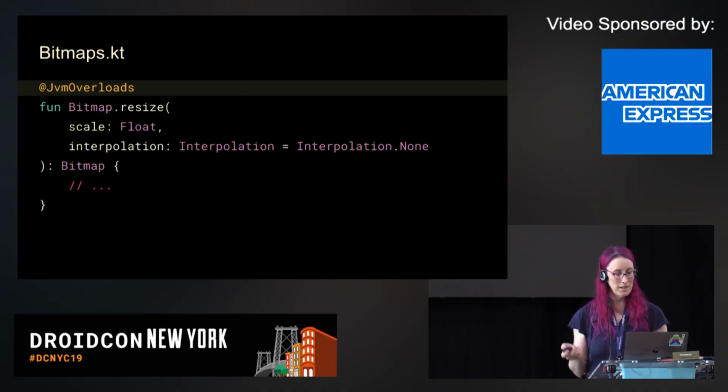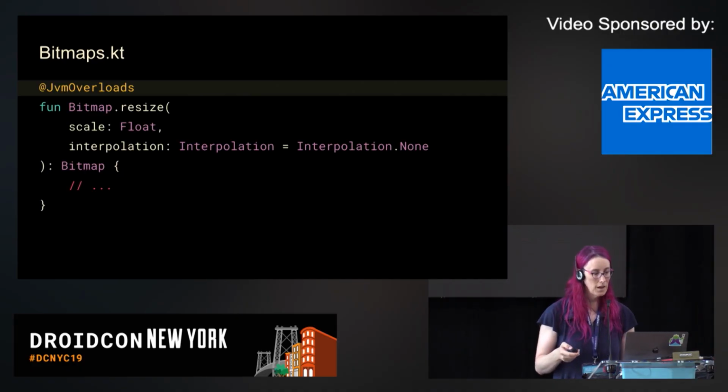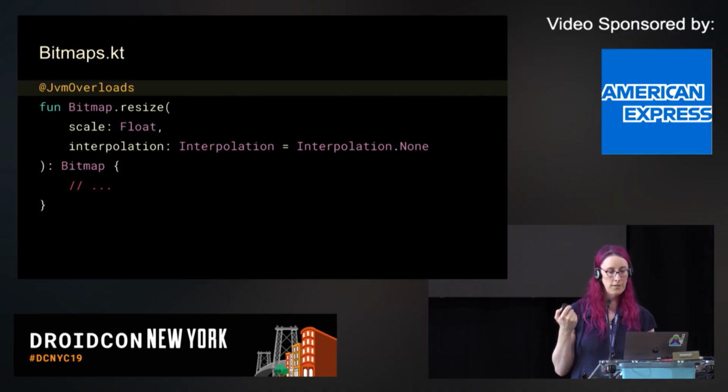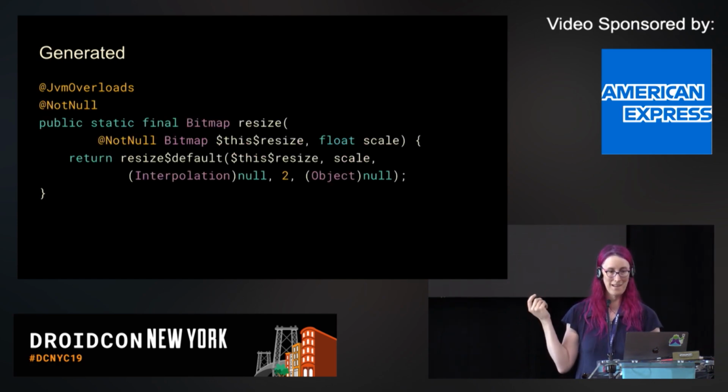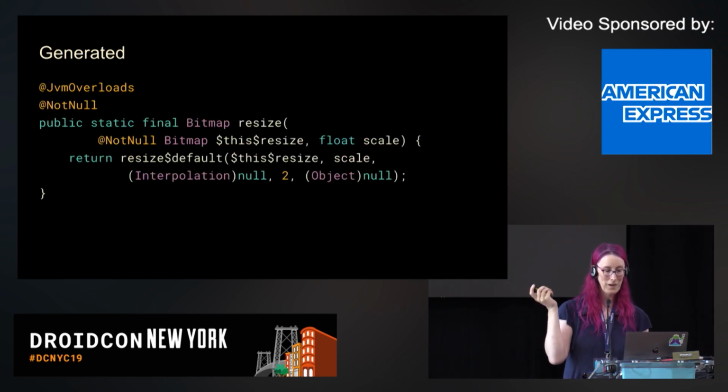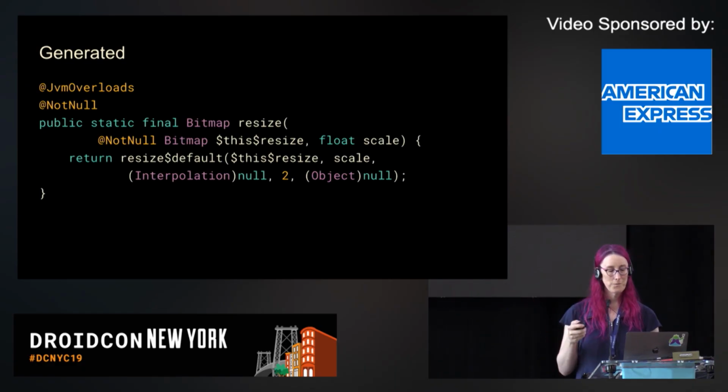But we can use JVM overloads. And JVM overloads will create methods like resize, where it has just the two parameters. The JVM overloads will create one overload for each of the default parameters, and I think it's from left to right, basically.